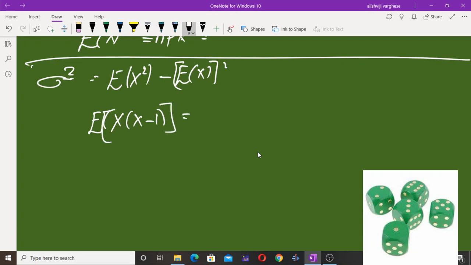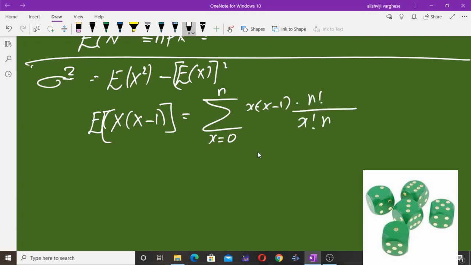This is equal to summation, x varies from 0 to n, x into x minus 1 into the probability density function, that is n factorial divided by x factorial into (n minus x) factorial into p raised to x into 1 minus p raised to n minus x.